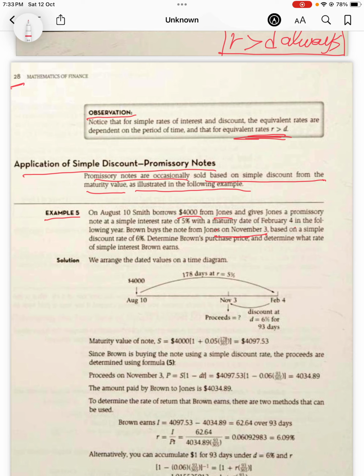Mr. Brown buys the loan from Mr. John before the maturity date, which is now the discount date, November 3, based on a simple discount rate D of 6%.